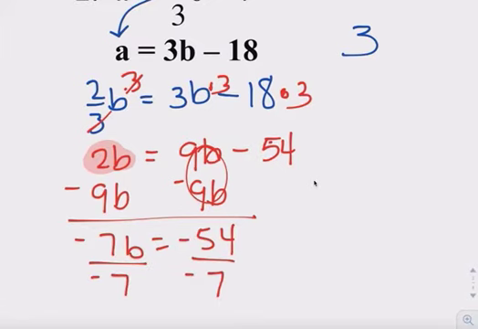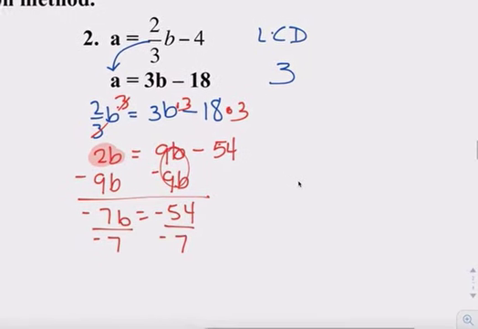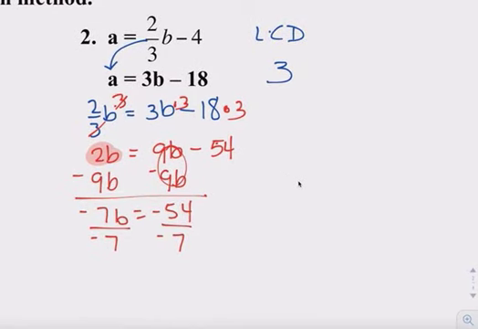Oh my gosh, I have another decimal? That's awful, 54 divided by 7. Oh my goodness. Okay, we're going to leave it as a fraction. Oh man, I didn't give you good numbers. 54 over 7. It doesn't matter which one you choose.